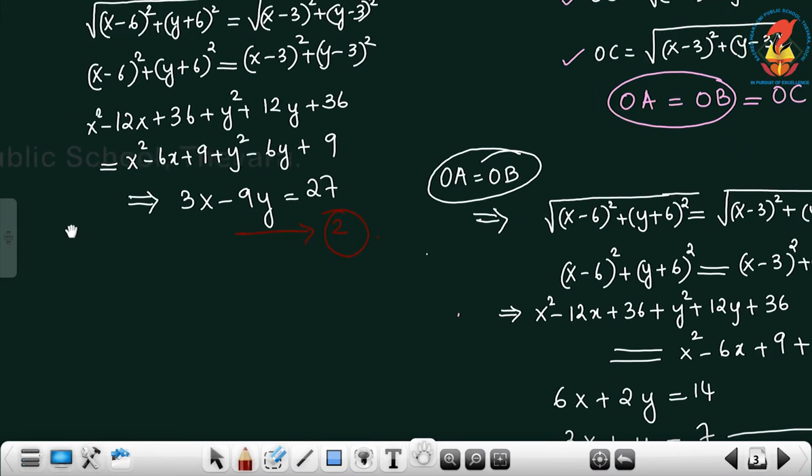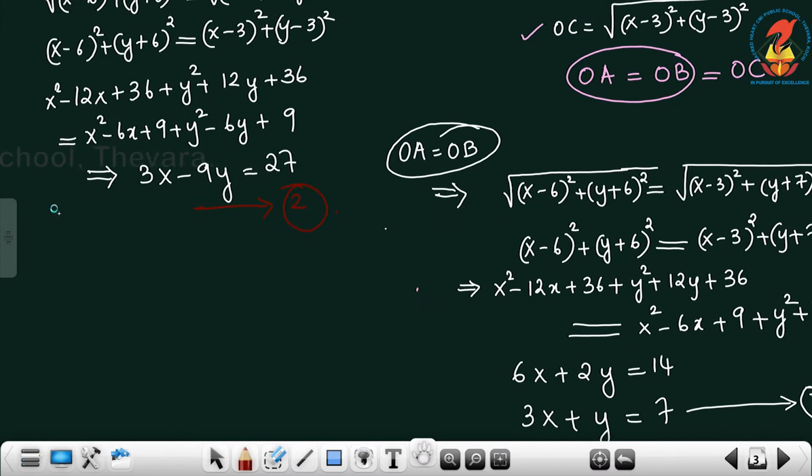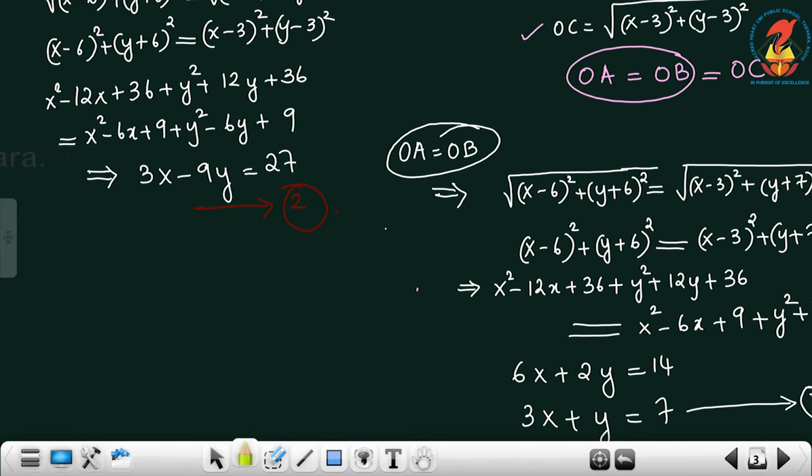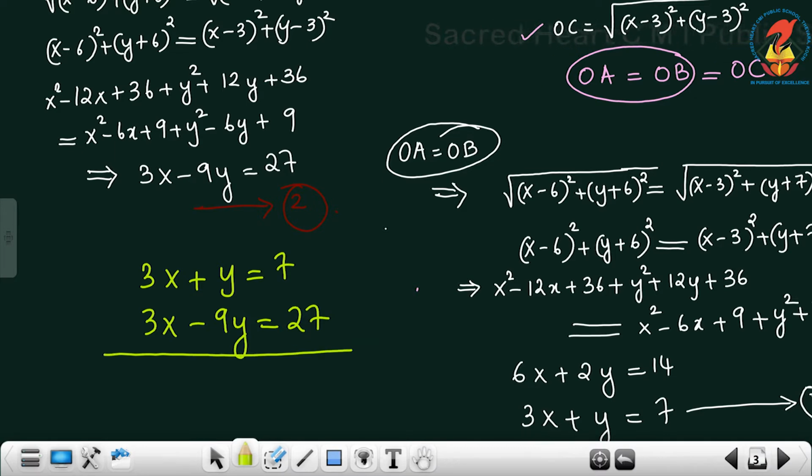So, two equations I got. What were the two equations? First equation was 3x plus y equals 7. Second equation 3x minus 9y is equal to 27.